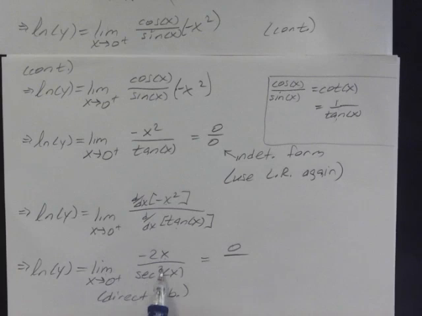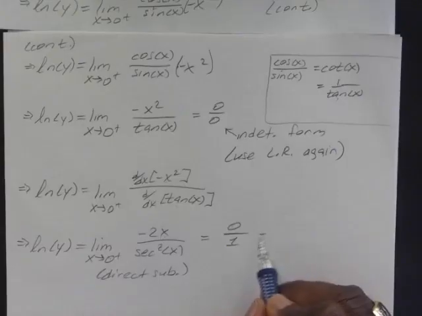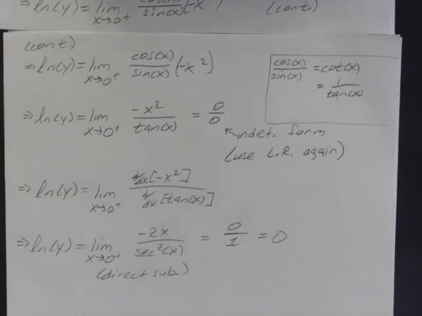And the limit of secant squared of 0, well, secant squared of 0 is just 1. So 0 divided by any non-zero number is just 0.